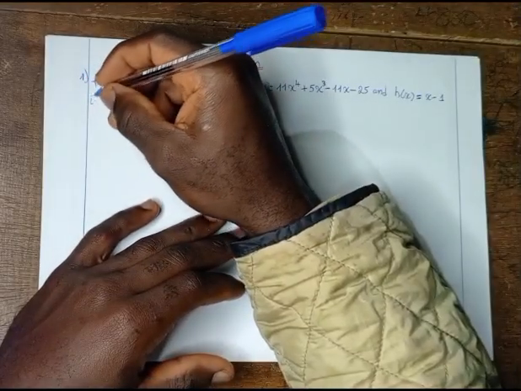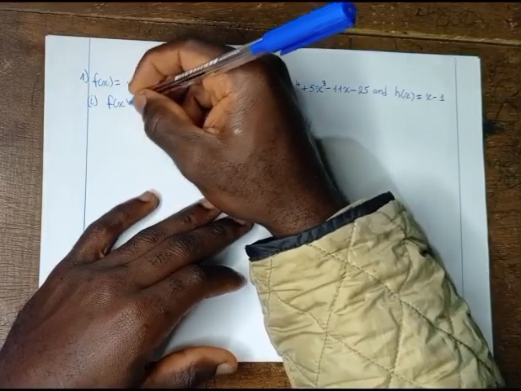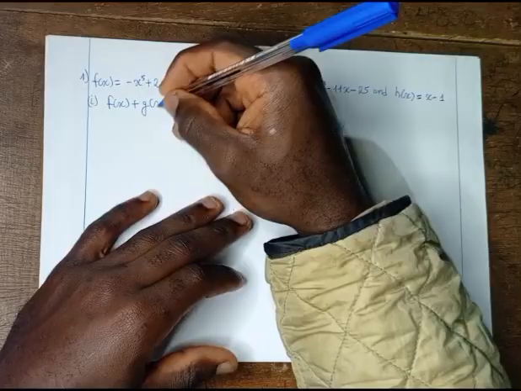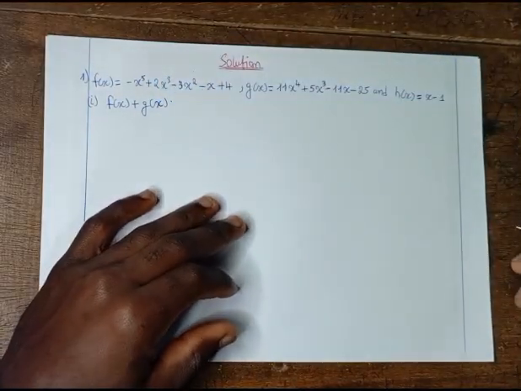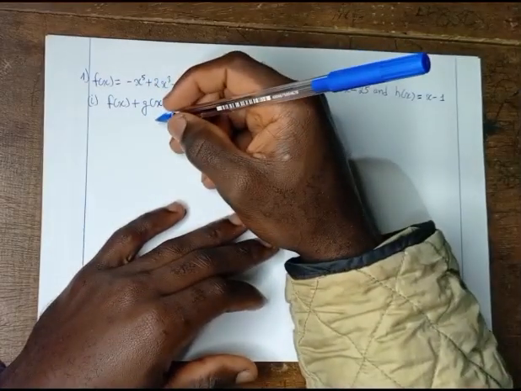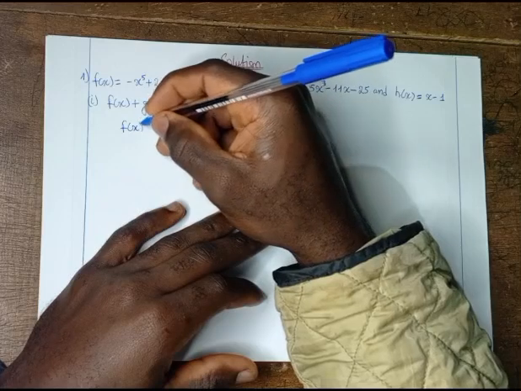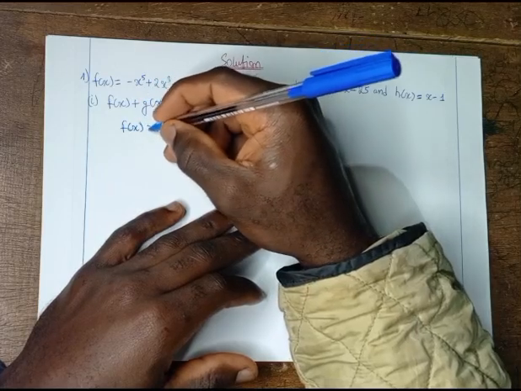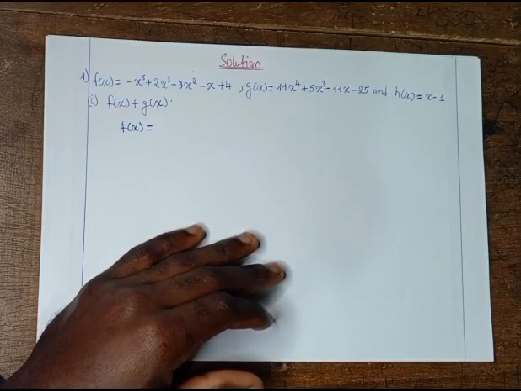Question I says we should find f of x plus g of x. For us to add these two polynomial functions, first step, we need to write out the polynomial f of x in descending powers of the variable x.